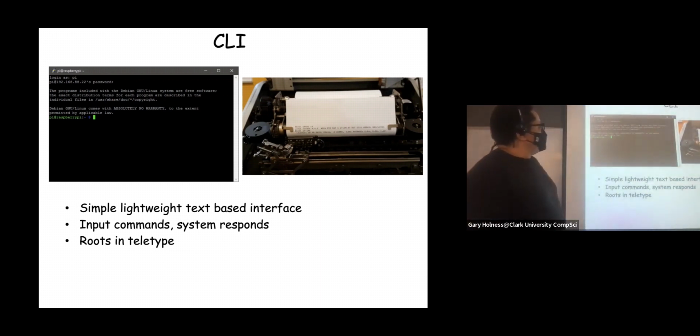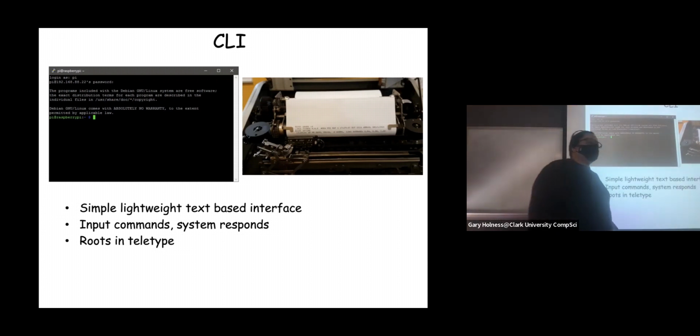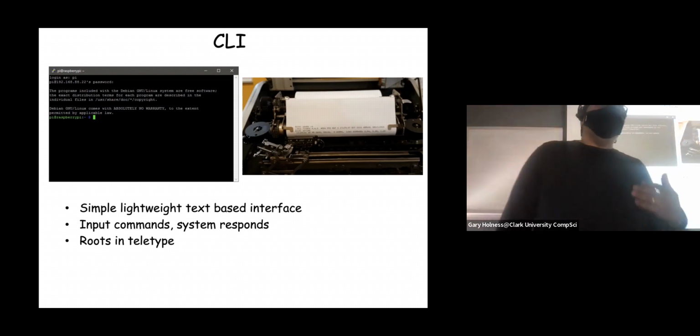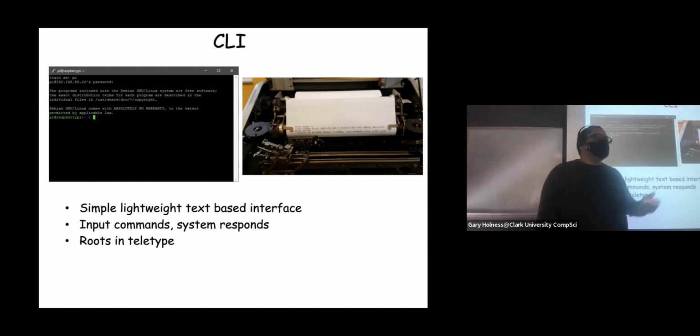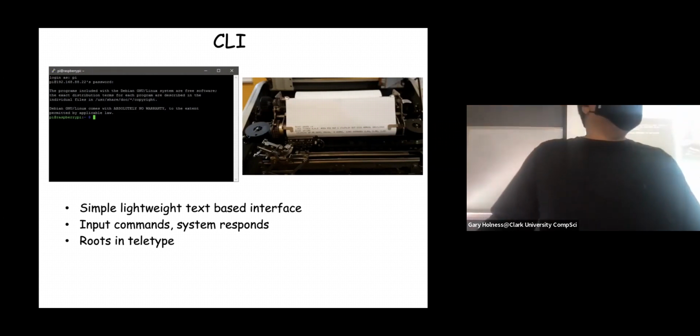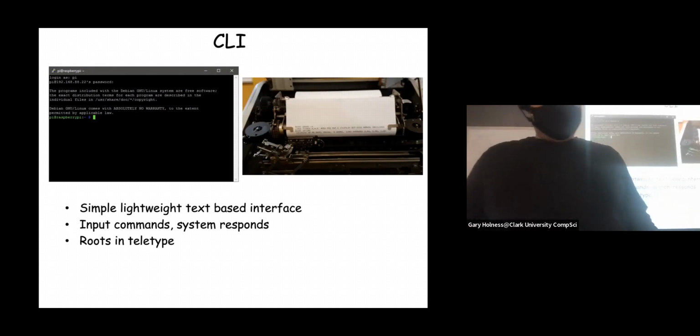So on the left-hand side, this is a command line interface, and it's really just a digital version on an LCD screen of a teletype. If you think about it, we're a lot more primitive than we like to think we are, because here we are using a digital teletype, over 80 years removed from the teletype.